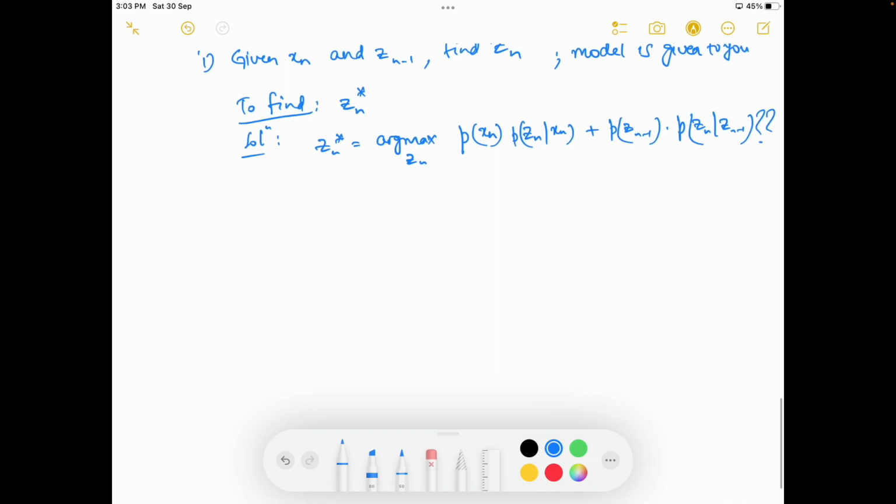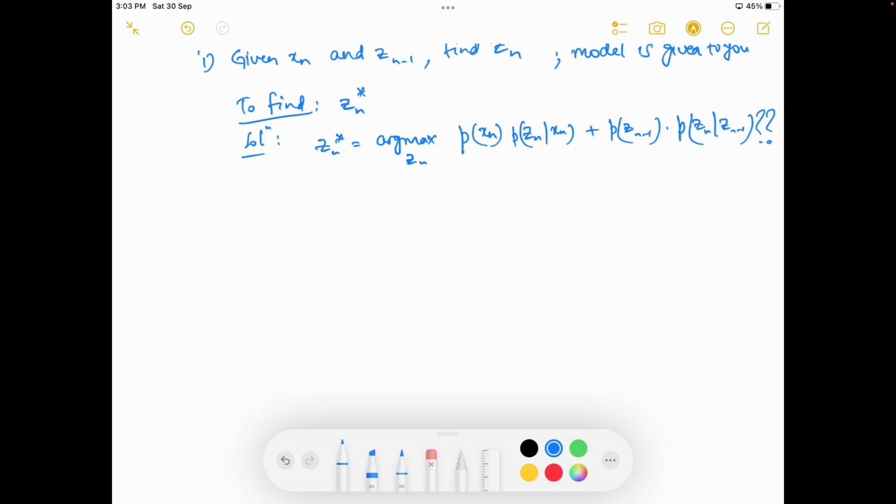Any other solution for Zn star? How will you find Zn star? Bayes rule is to find probabilities, but you have to find Zn star here. You just select the Zn with the highest probability.